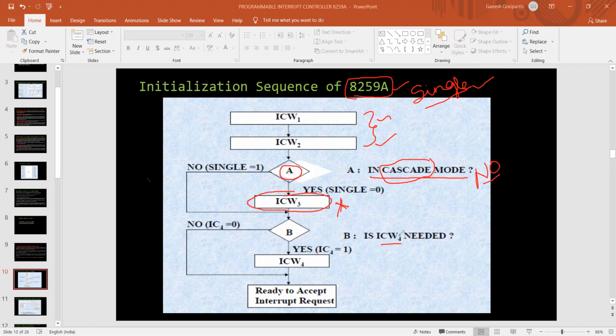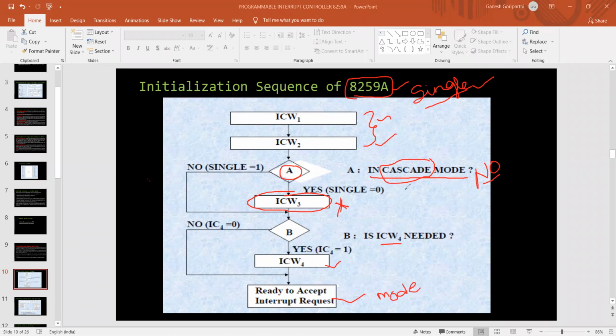And after that, do you require ICW4? That means do you require initialization command word 4? That you have to decide. If you require that, you go for ICW4. If you don't require that, you are ready to accept the interrupt request and decide the mode of operation.